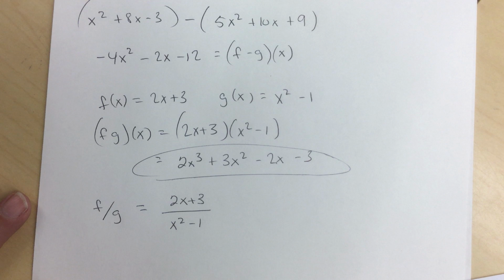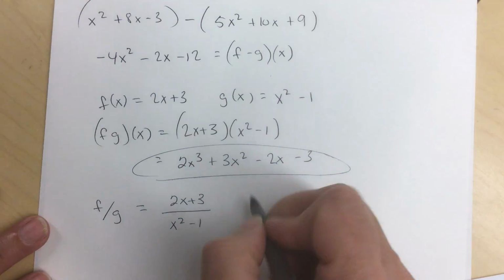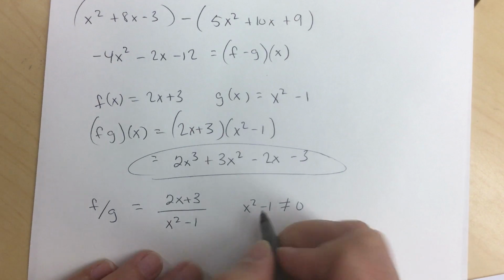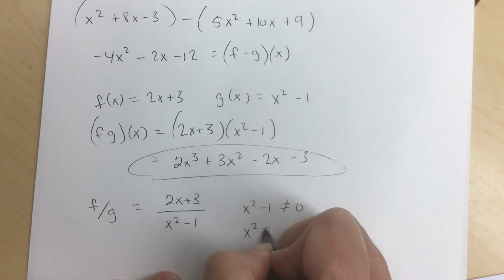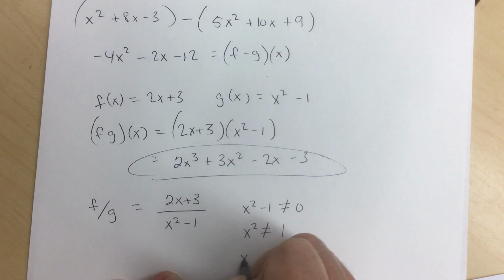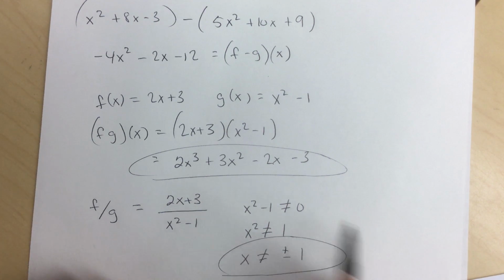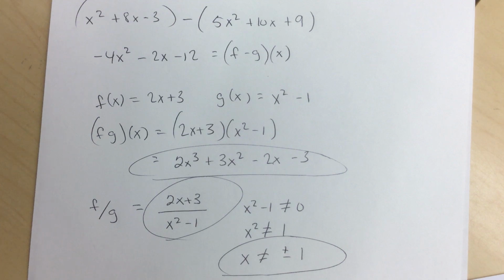We now have a new domain because now we're dividing by this thing, and the thing that we're dividing by cannot equal 0. So x squared minus 1 cannot be 0, which means x squared cannot be 1, which means x cannot be plus or minus 1. So you have to say both when it's a division problem. If your domain changes, you have to say what the new domain is.